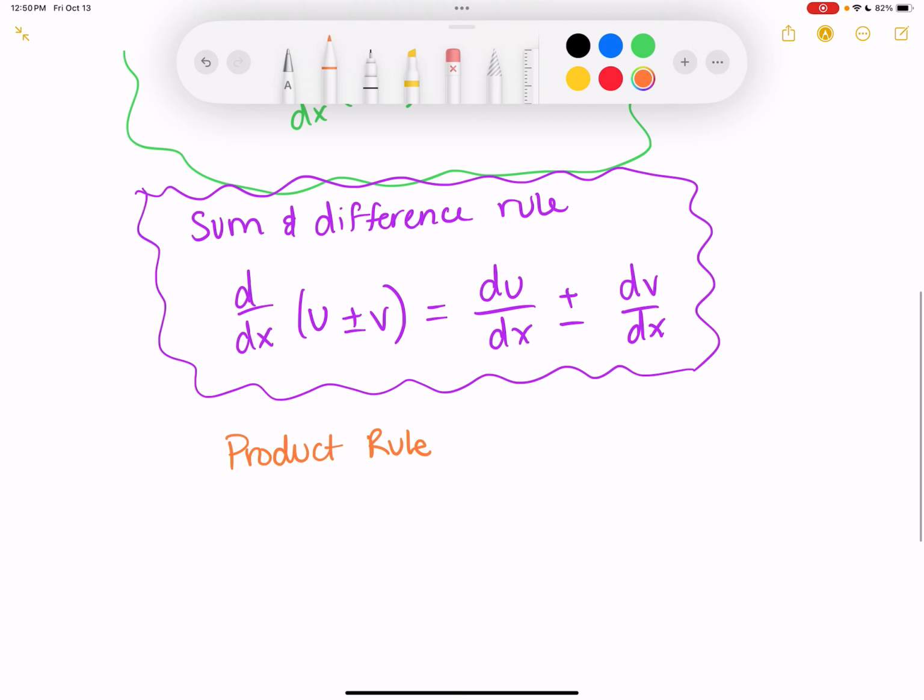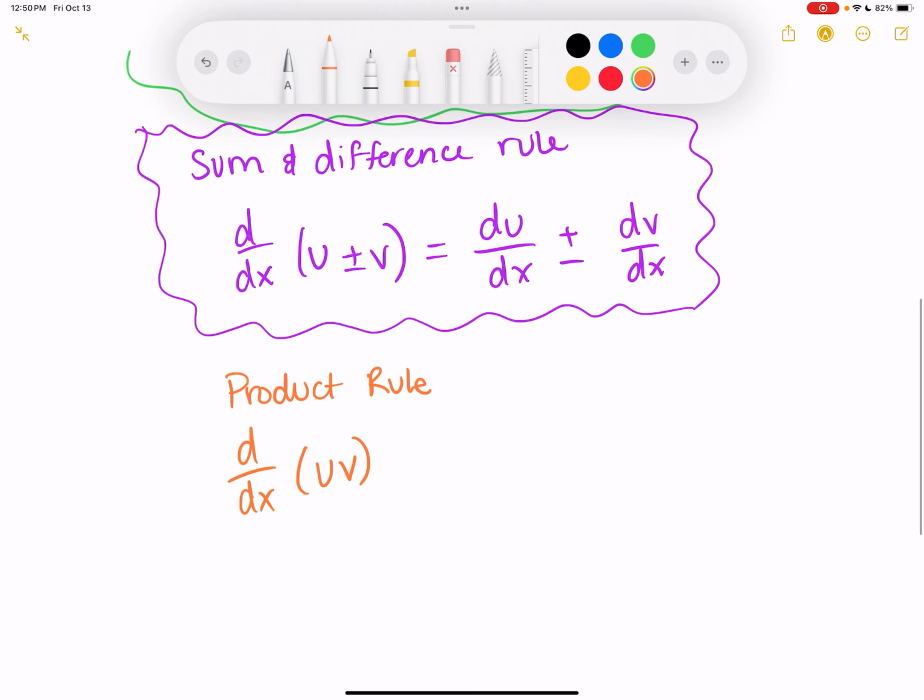But so d dx of u times v. So u times v, those are basically just two functions, again, and they are differentiable functions. Obviously, we can have ones that aren't.